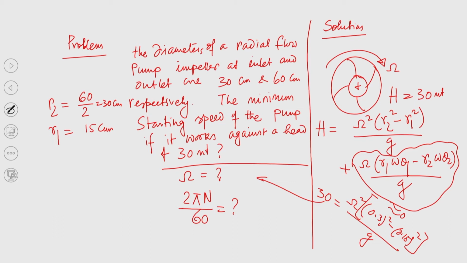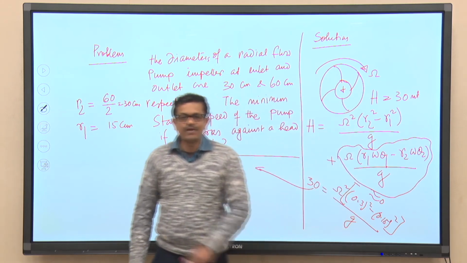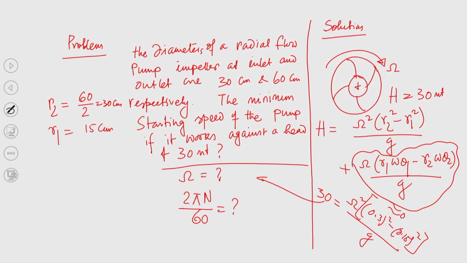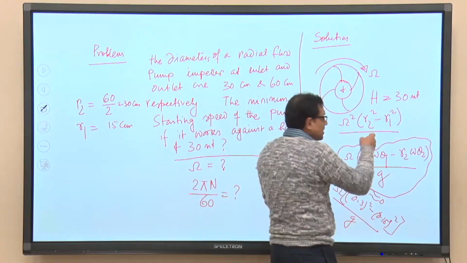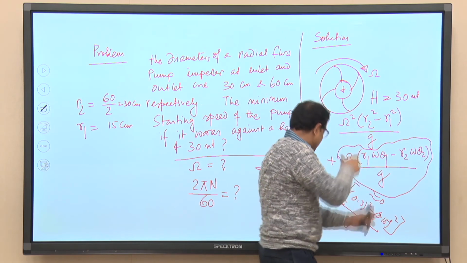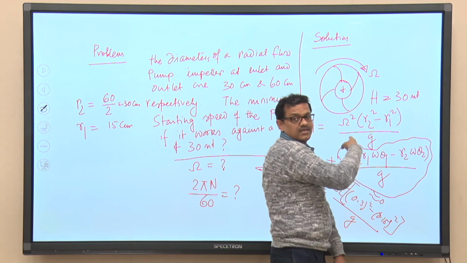but at least the minimum starting speed will be required. Even if we ignore this term, considering the fact that the blades are following logarithmic spiral, the total head h can be written simply with this quantity, and that will be the minimum head, that will be the minimum starting speed required. Definitely our objective should be to increase the head.